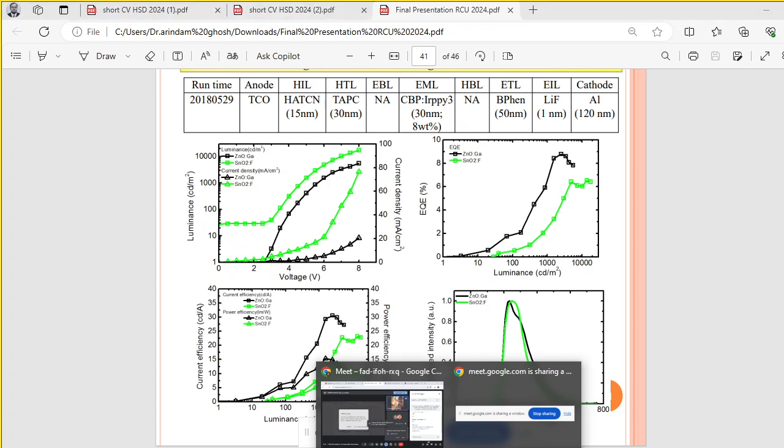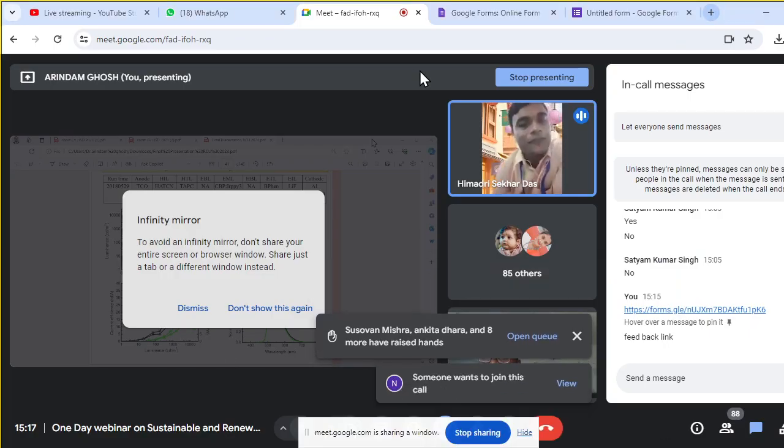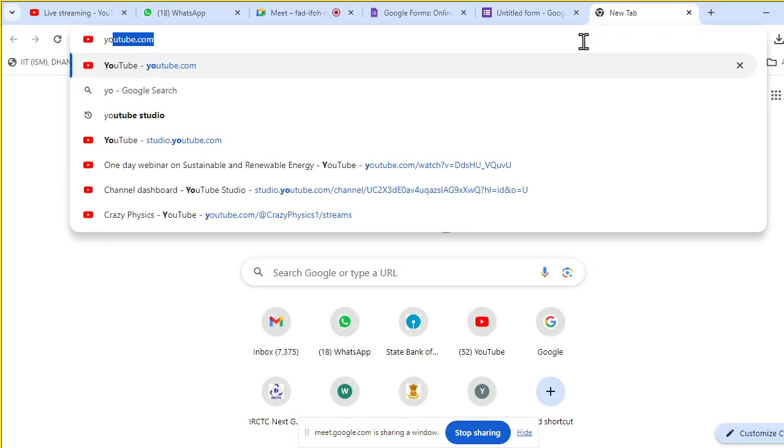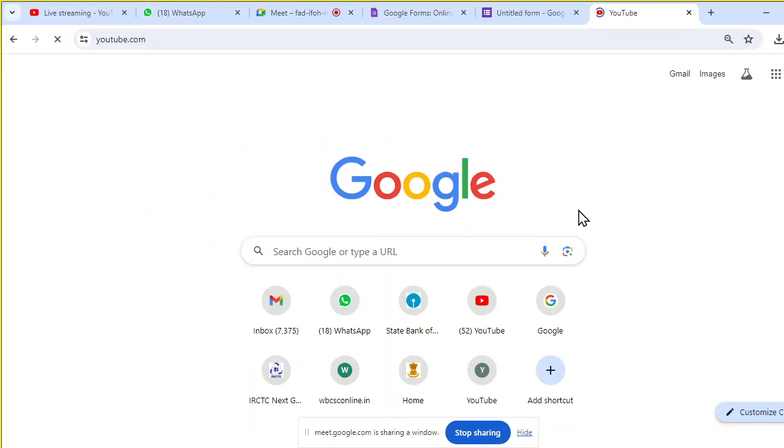For external quantum efficiency, the value is not given there, so I will just say the value. It's 8.7% for gallium doped zinc oxide, whereas fluorine doped tin oxide shows 6.5% external quantum efficiency.